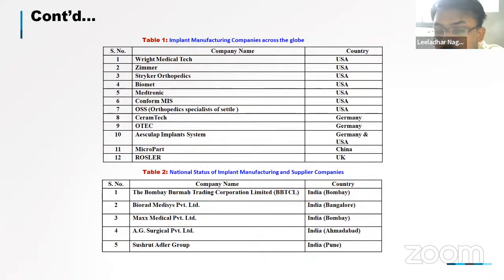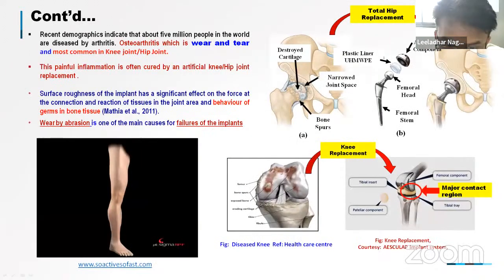Once you have developed the product, it should be finished up to nano level, as I showed in the first slide for the biocompatible material. That joint should be finished up to nano level. I would like to go to the previous slide. If this surface is not finished up to nano level, what will happen?